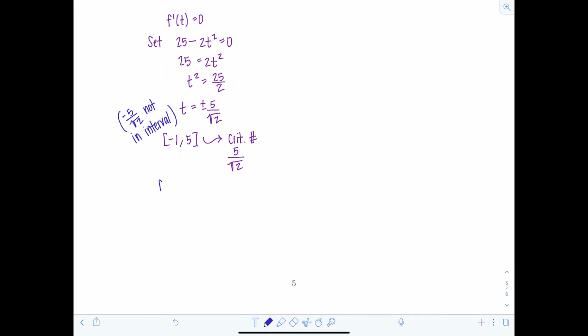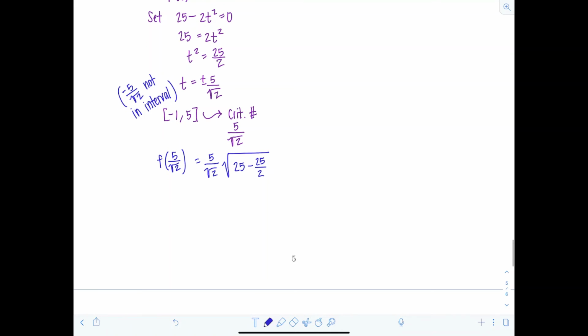Now let's evaluate the function at that number. So f of 5 over rad 2 is going to be 5 over rad 2 times the square root of 25 minus that number squared, so 25 minus 25 over 2.